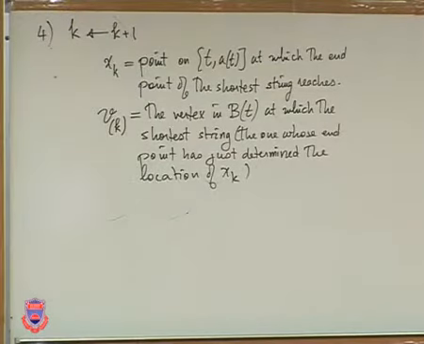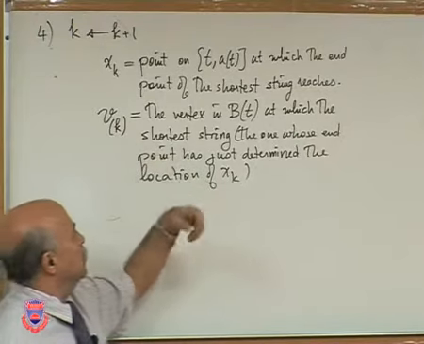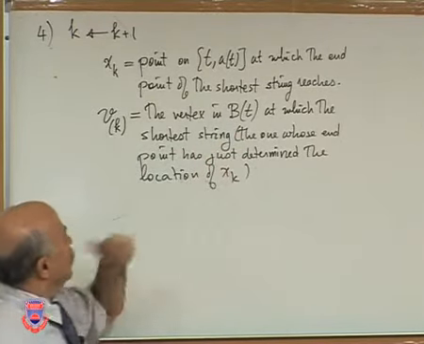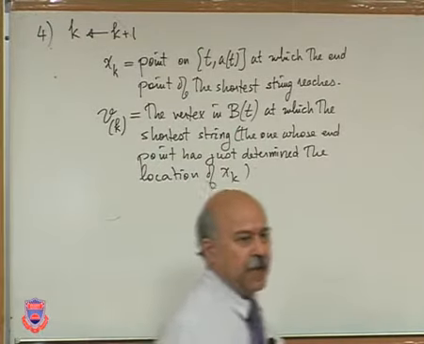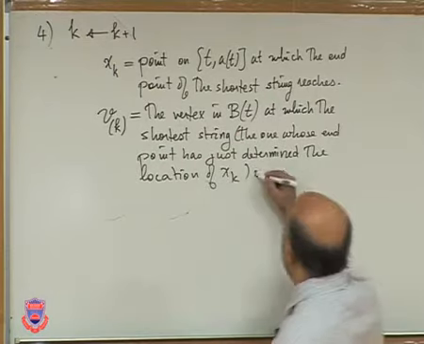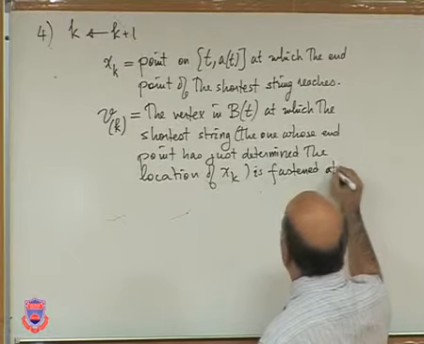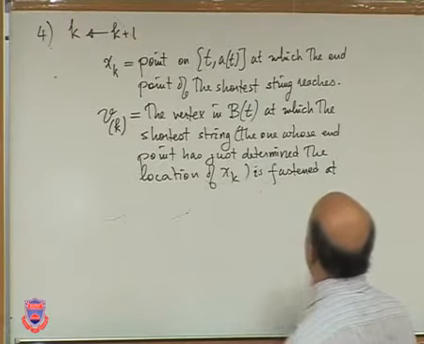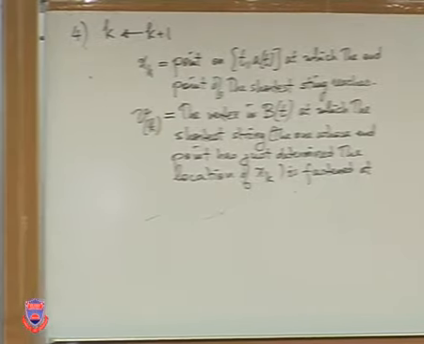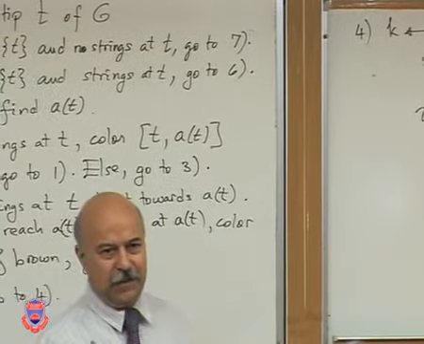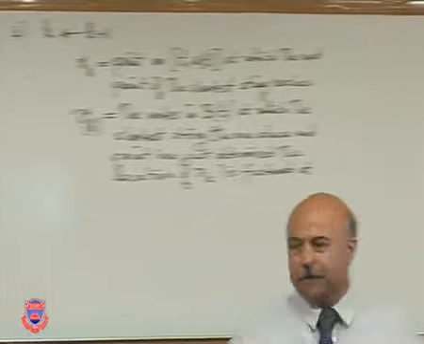So V parentheses k is the vertex in the brown tree rooted at the vertex T at which the shortest string is originally fastened. Initially, strings are fastened at vertices. Later on, they become engaged at vertices. So there's a difference between the two terms. Okay.